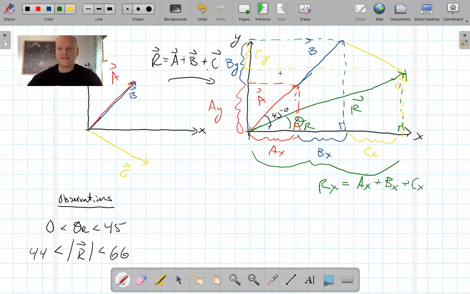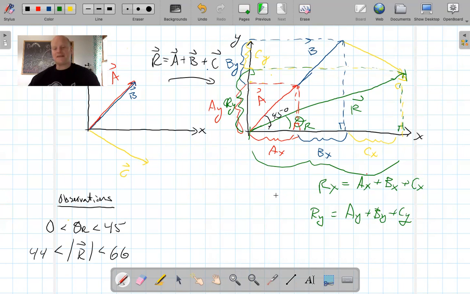Now on this side, if I drop again my perpendicular here, so this is 90 degrees, this distance is simply equal to RY. RY is also equal to AY plus BY plus CY, where CY is simply a negative value. If I had a third or fourth vector D, then Rx would have a plus DX, and RY would also have a plus DY at the end.